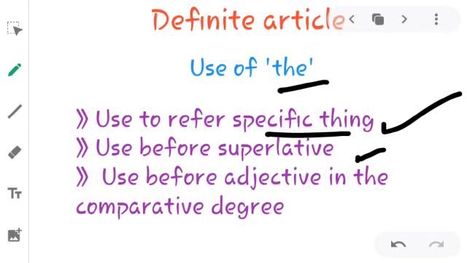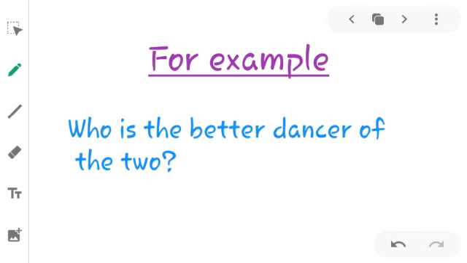And the last is that we use the before an adjective in the comparative degree. Comparative degree means we are comparing two things using an adjective. For example, who is the better dancer of the two? Between any two persons, who is the better dancer?